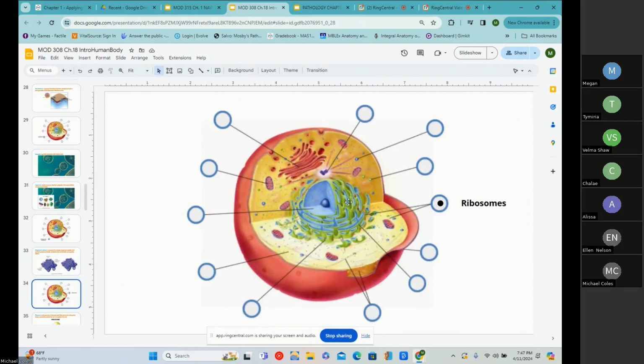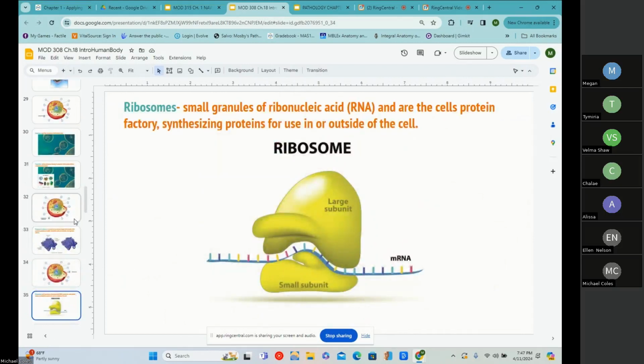All right, ribosomes, think ribs. You eat ribs, you eat meat. So the DNA is going to send out the RNA, and then that's going to tell the ribosomes what kind of proteins to make, and it's going to literally just push them out, and then those proteins are going to be used either within the cell, or they're going to go outside of the cell and travel to some other part of the body to be used.